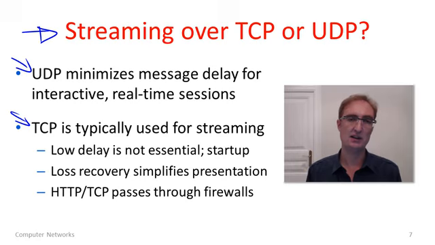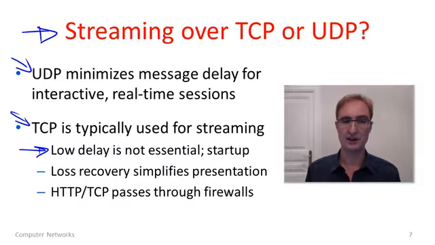But TCP is very popular today for streaming media rather than UDP for several reasons. The first is that, as I've been saying here, the low delay is not as essential. It's useful to keep it low to be able to start the video quickly after you hit click, get enough information in your buffer to handle the variation in delay and begin playing.